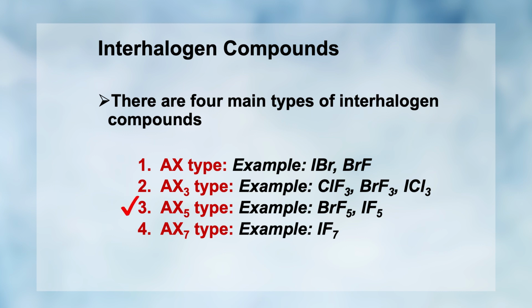The third category of interhalogen compound is AX5 type. Typical examples include bromine pentafluoride, BrF5, and iodine pentafluoride, IF5. The last category of interhalogen compound is AX7 type. The one and only molecule belonging to this category is iodine heptafluoride.